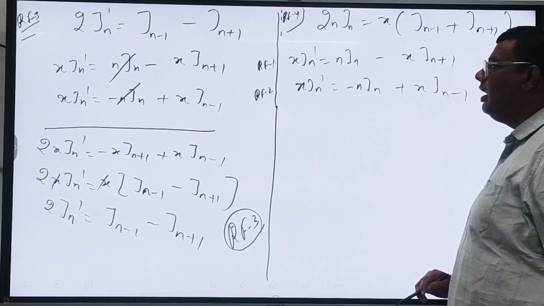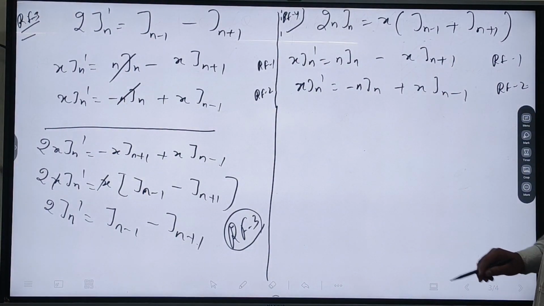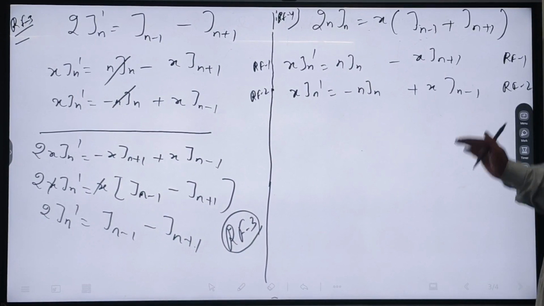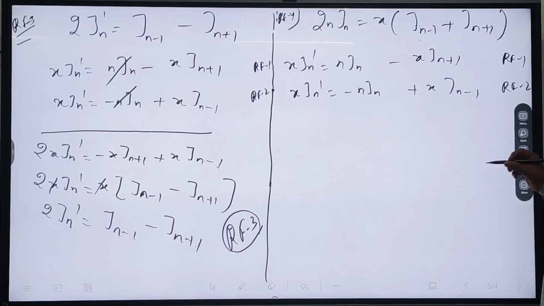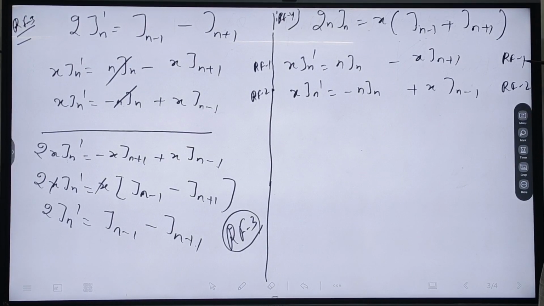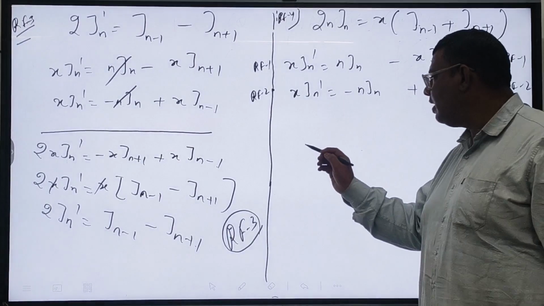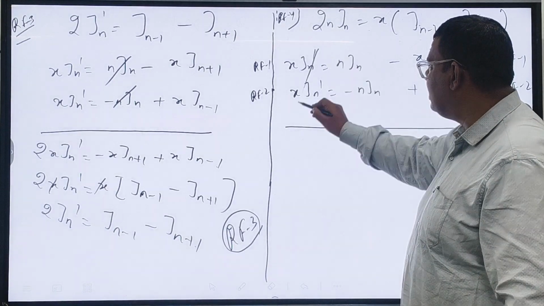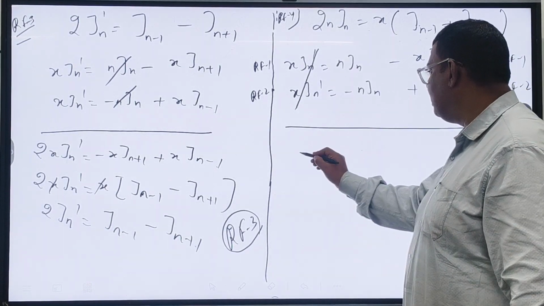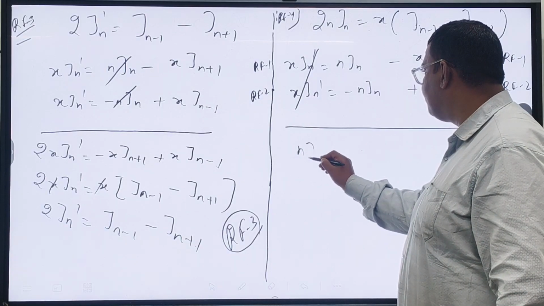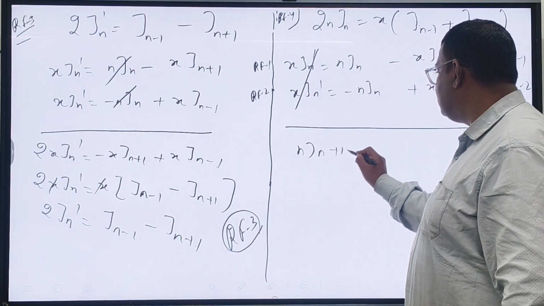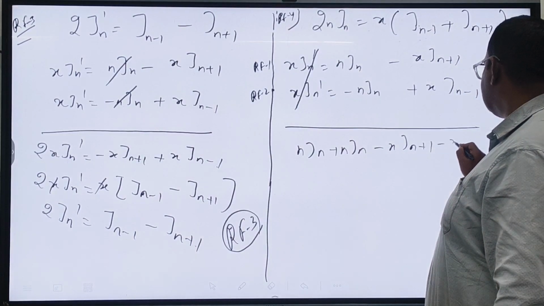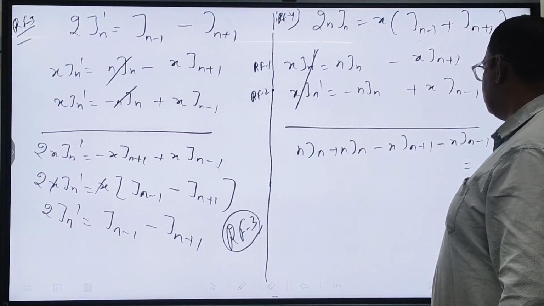Now we have to derive RF4, recurrence formula number 4. In order to derive this recurrence formula number 4, we will subtract RF2 from RF1. When we subtract RF2 from RF1, x J_n' and x J_n' will cancel out. What will we get here? We will get n J_n + n J_n - x J_{n+1} - x J_{n-1} = 0.